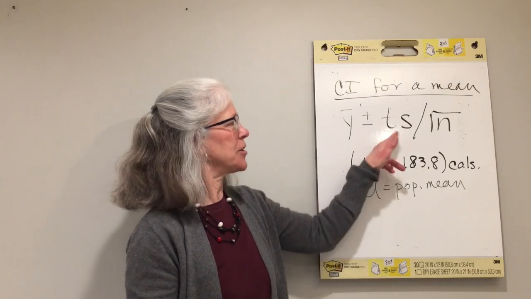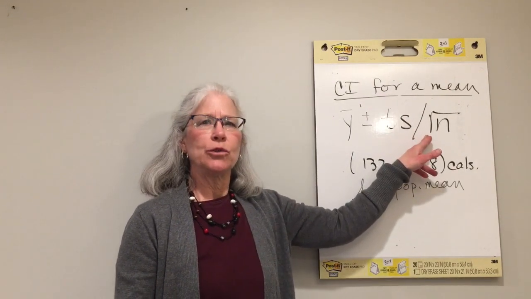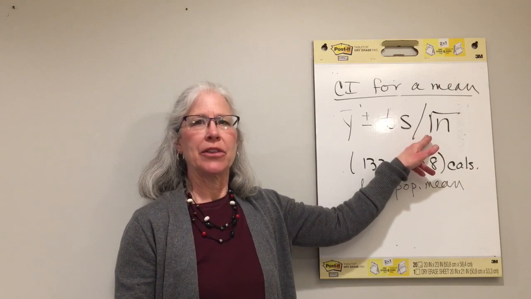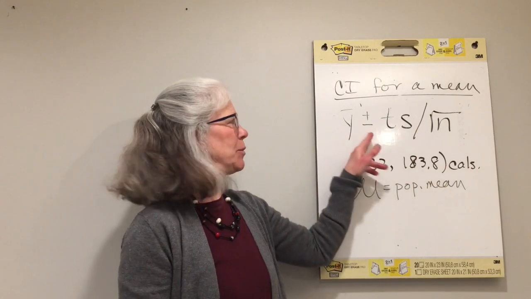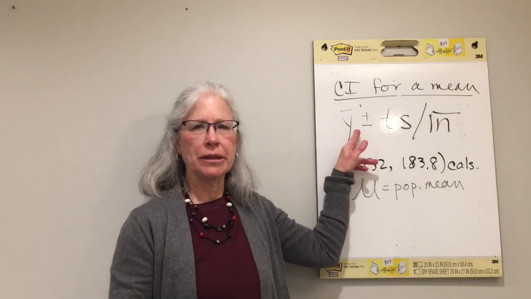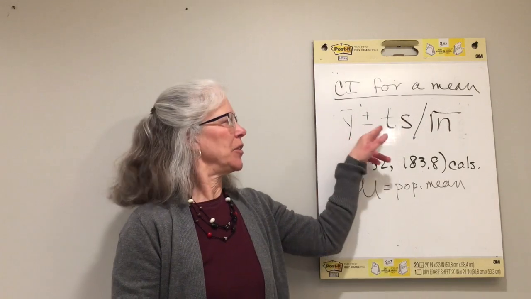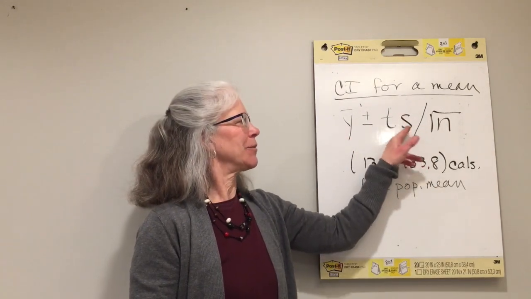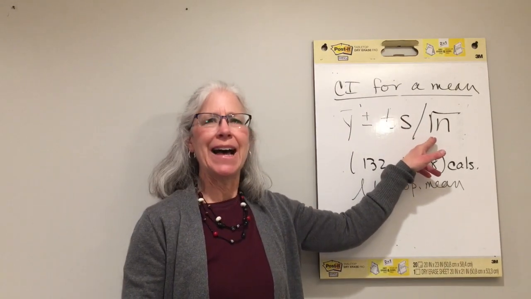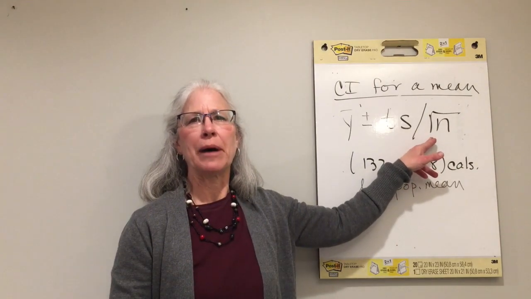And remember that this margin of error, this piece that we're adding and subtracting, only includes sampling error. Sampling error, the idea that our sample mean is off from the population at random. It's going to be a little bit high, a little bit low, just by the sample we happen to get. But this confidence interval does not include non-sampling errors, all those things that are caused by bias.